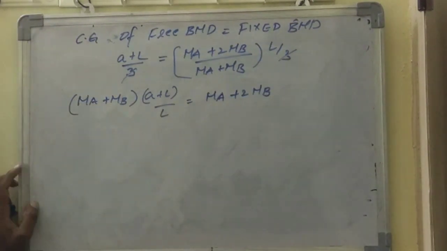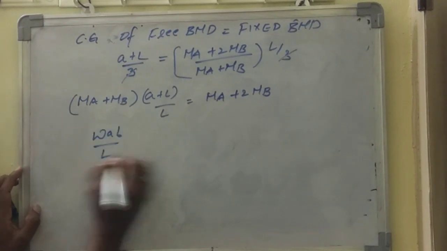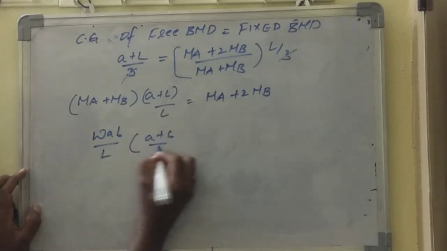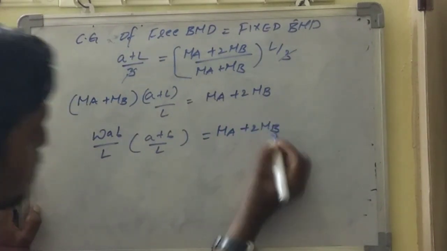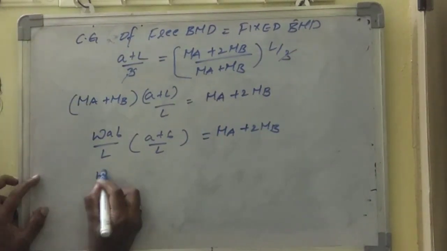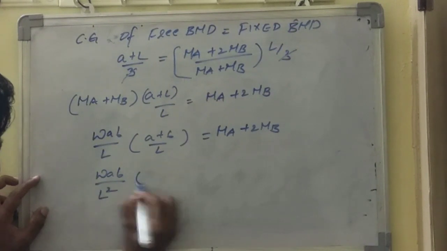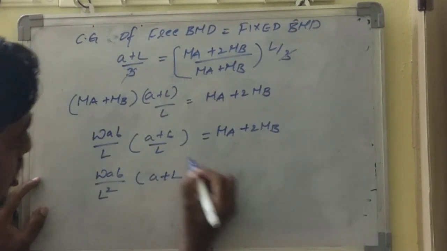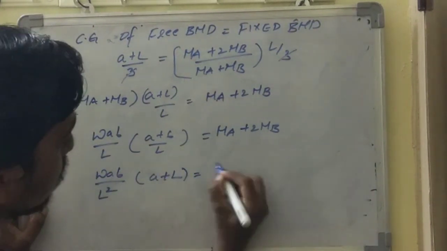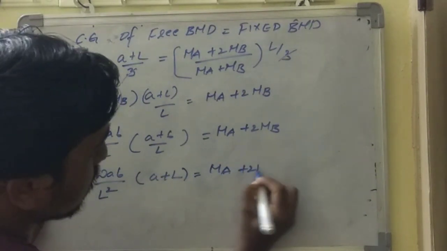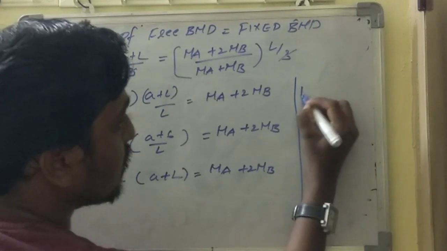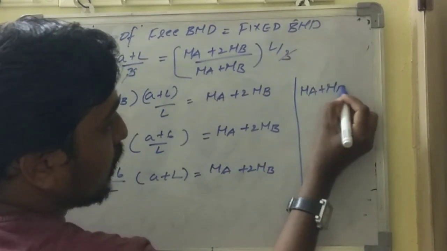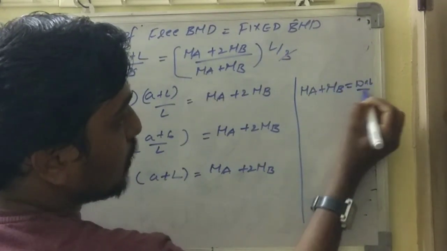So from equation 1, MA + MB equal to WAB/L. I am substituting here into (A + L)/L. That will be equal to MA + 2MB. So this one will be WAB/L² into (A + L), equal to MA + 2MB. Already we know from the first equation MA + MB equal to WAB/L.